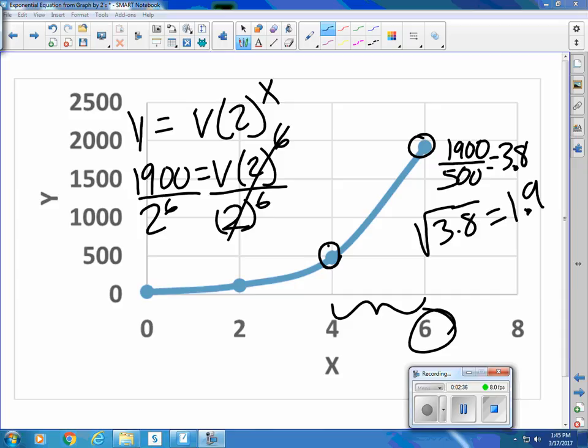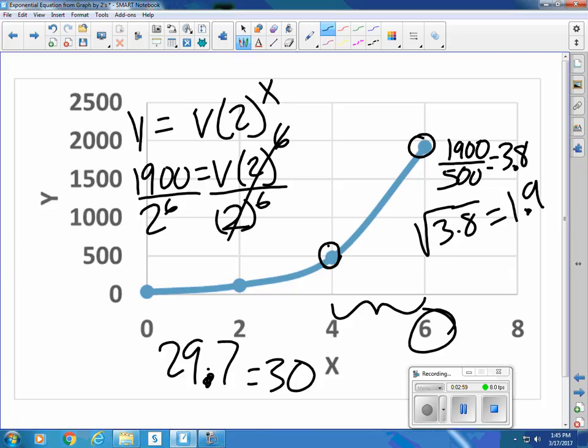That tells me 29.7. And since I did all of these with whole numbers, the starting value would have been 30. So the equation is this: y equals 30 times 2 raised to the x.